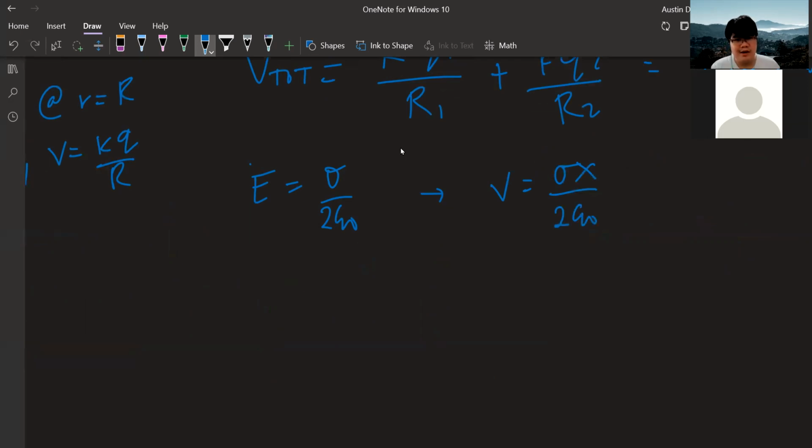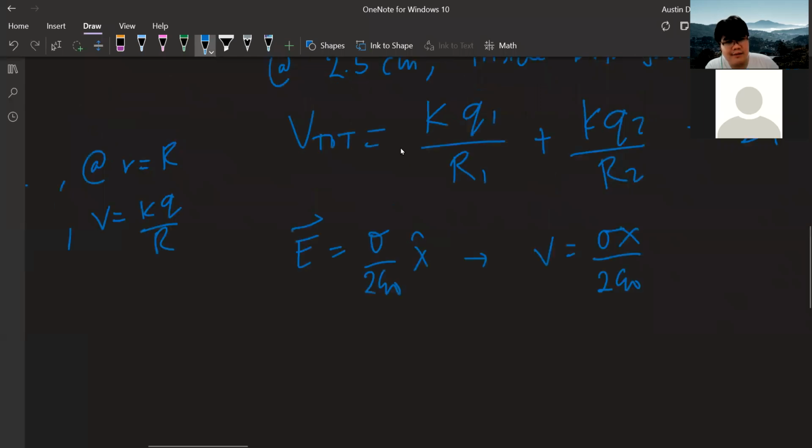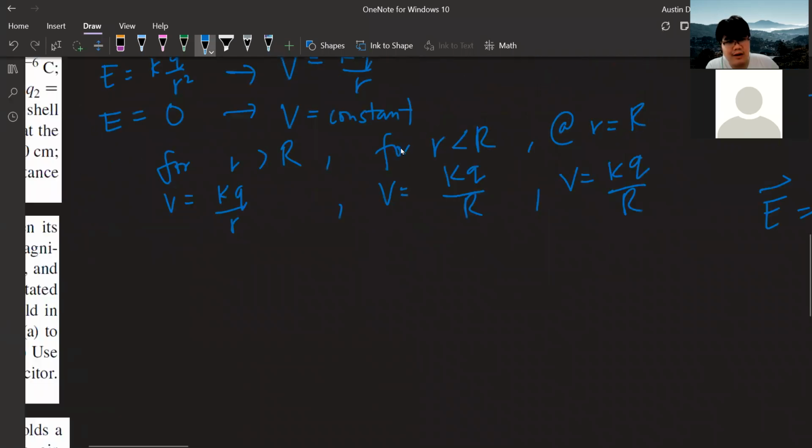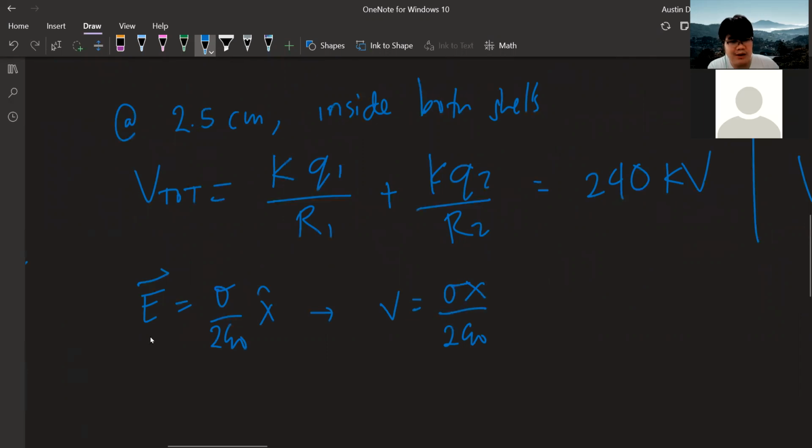Okay, so assuming exact yung direction nito, tulad nung kanina, pointing to the x direction. Kasi 'di ba derivative ng V would result to E. So derivative nito would result to E.